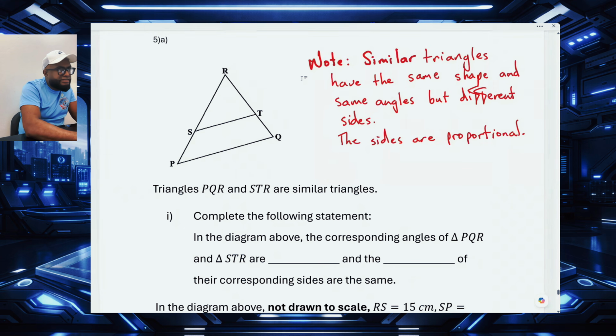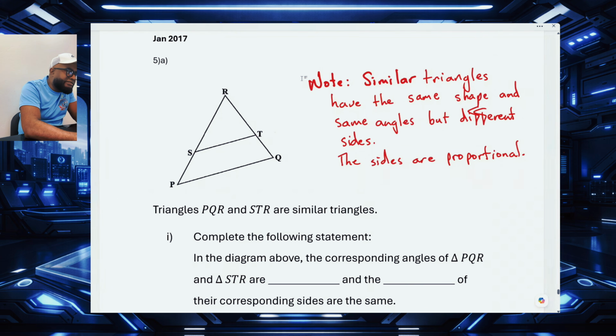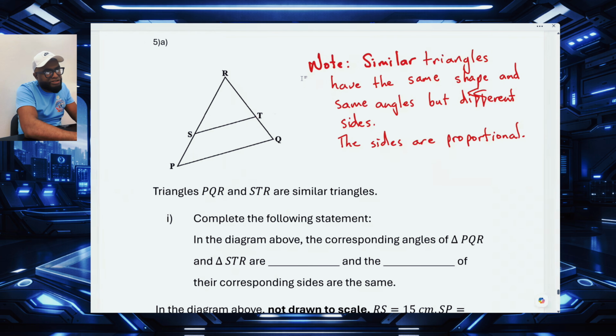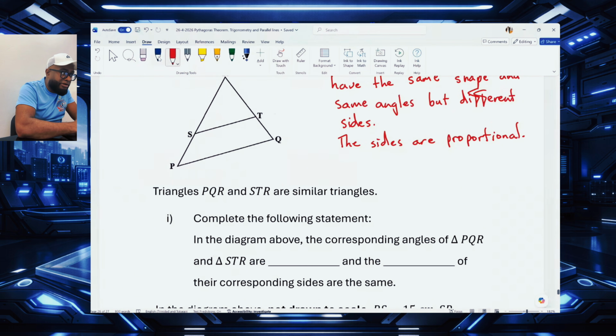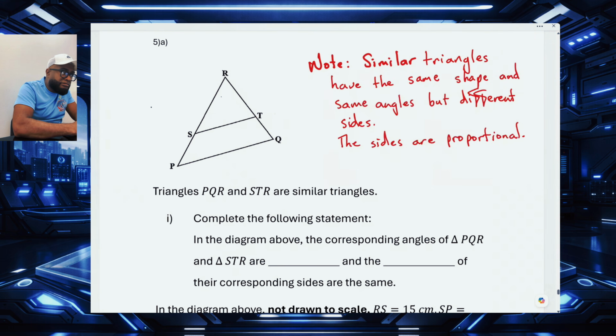So before we even go into this question, right, this is January 2017. Similar triangles have the same shape and same angles but different sides. Now, the sides are proportional. They said angle PQR and STR are similar, meaning that if I want to separate them, let me leave RPQ here.